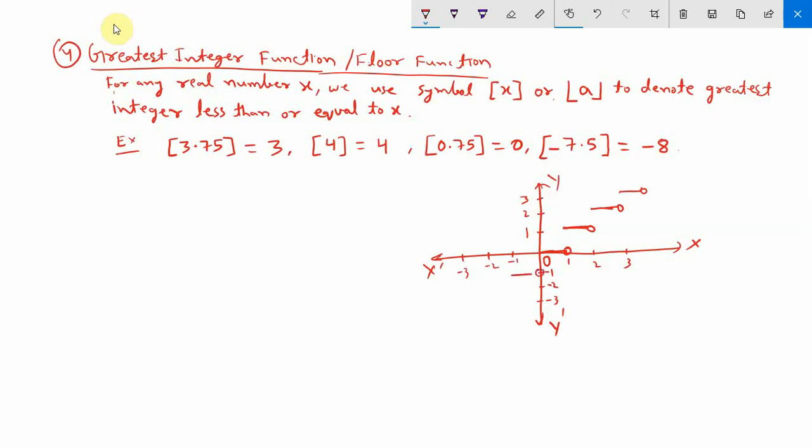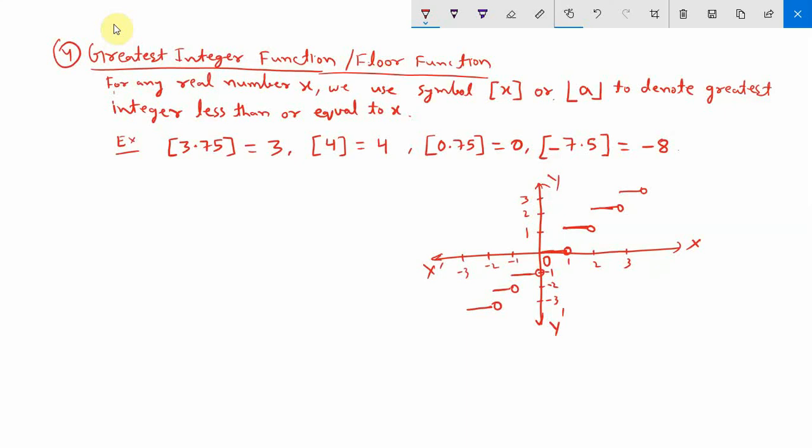Here it will be a hollow circle. Similarly here, a hollow circle at −2. Then here this one. Okay. So this is the representation of the greatest integer function.